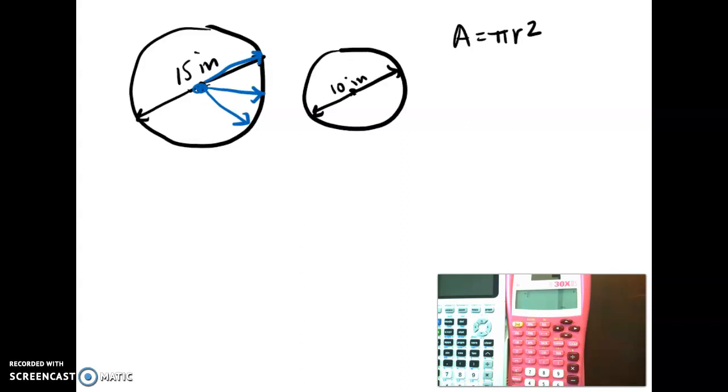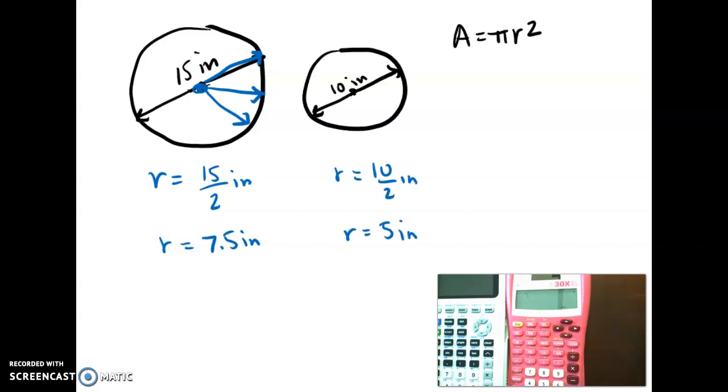So the diameter is double the radius, so the radius would be half the diameter. So if I want to use my formula here, I need to find the radius. So the radius would be 15 divided by 2 for this one, or 7.5 inches. And the radius here would be 10 divided by 2, or 5 inches.